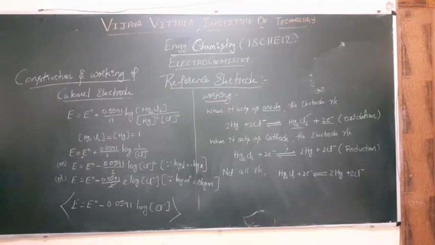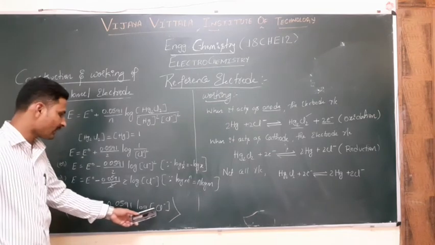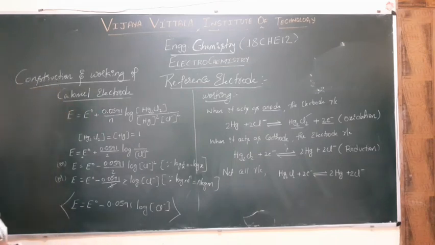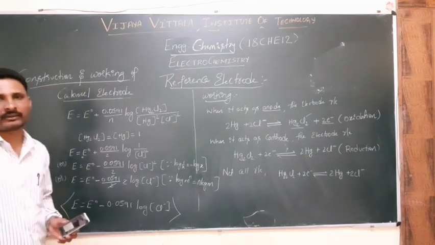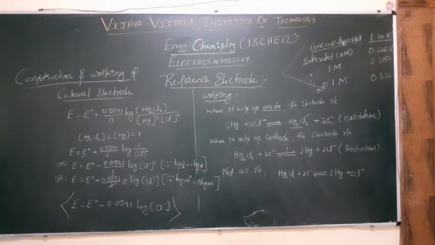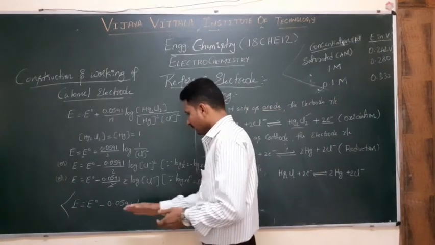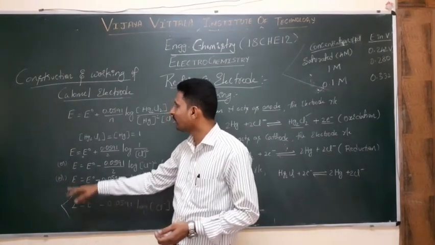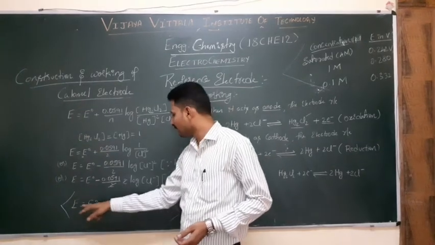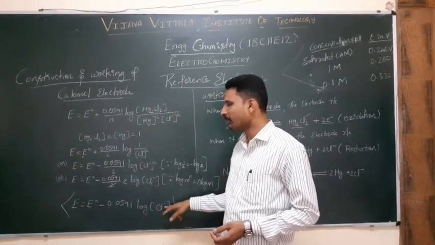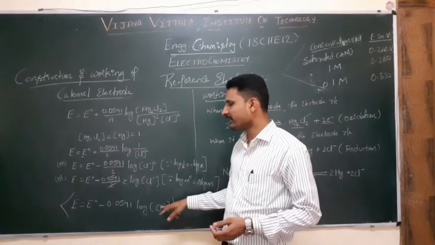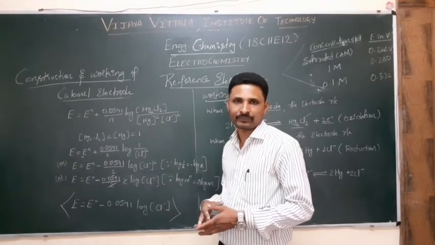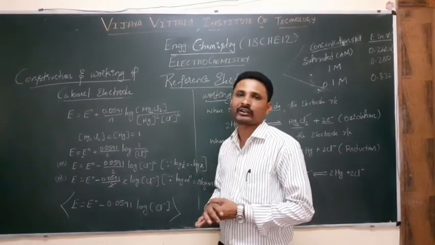That is, the electrode potential of the Calomel electrode depends upon the concentration of KCl solution taken. You can observe in this final equation that it depends on the KCl solution taken or Cl minus ion.